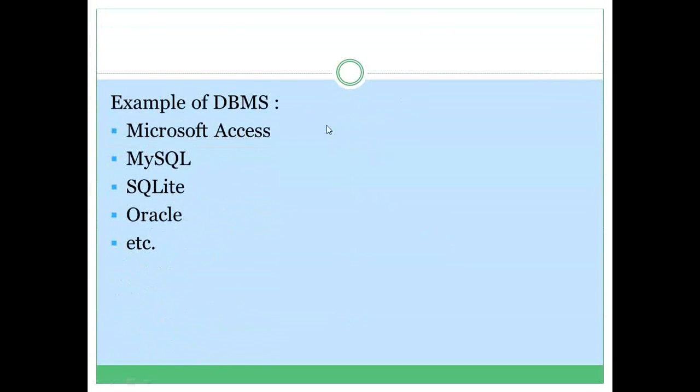Examples of DBMS: Microsoft Access, present on Windows, MySQL, SQLite, Oracle, etc. Microsoft Access is for Windows only, of course, and MySQL is now part of Oracle, and SQLite is usually used for browsers, and yes, many others.